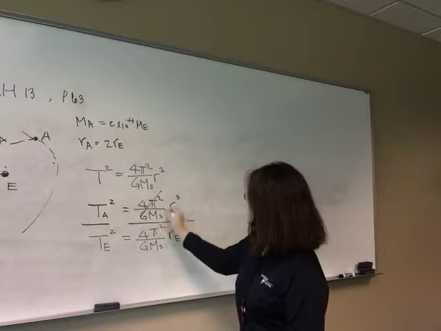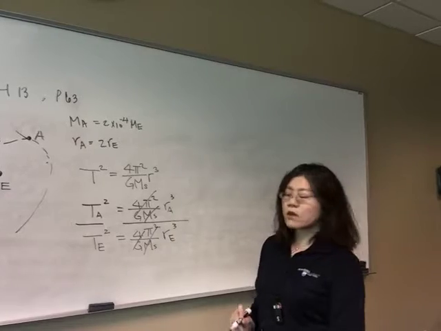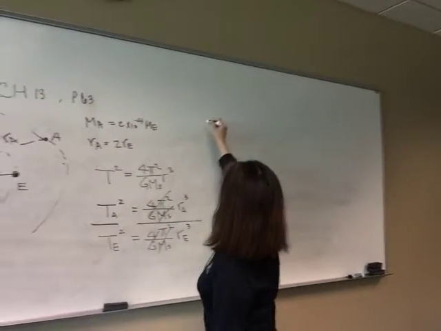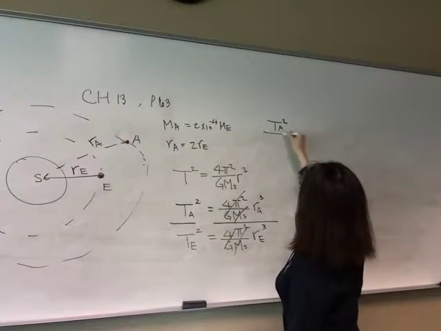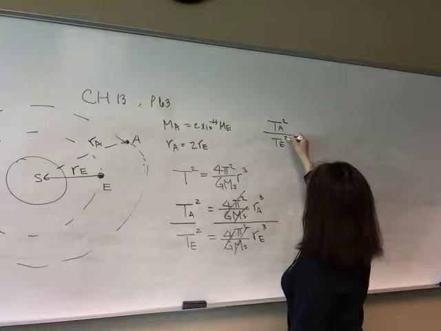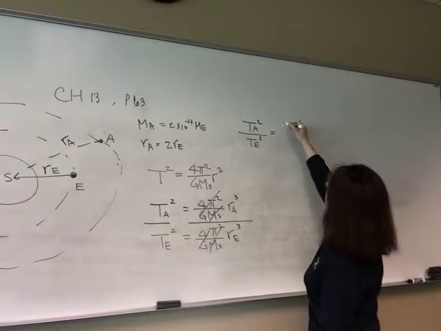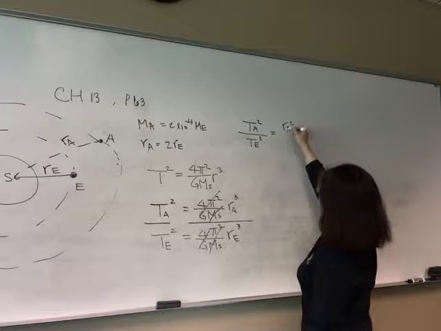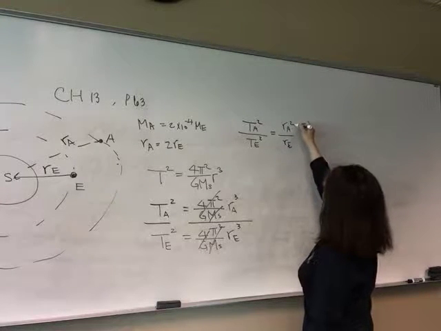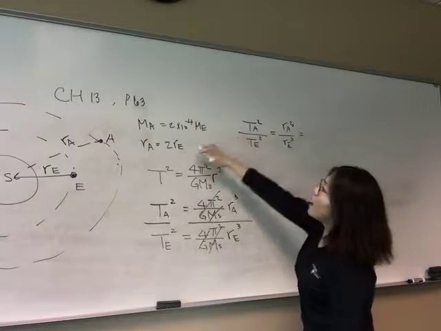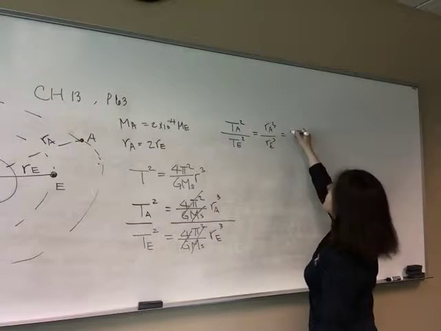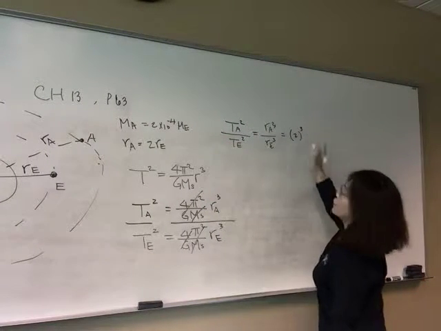All this cancels because they are the same. So you have TA squared over TE squared equal to RA cubed over RE cubed. Okay, and your RA is 2 times RE, so you have 2 cubed.